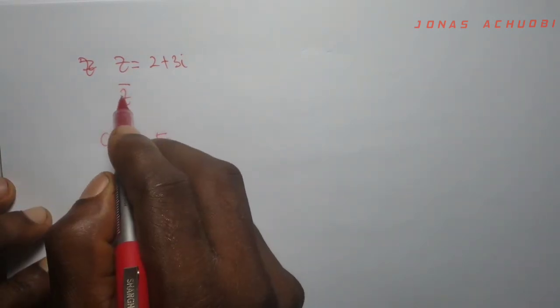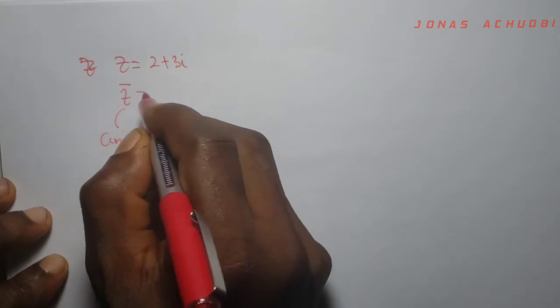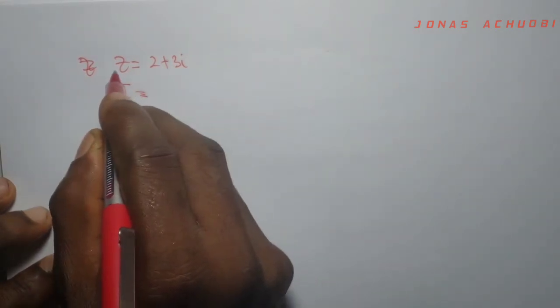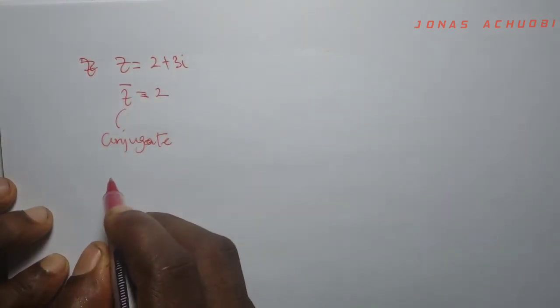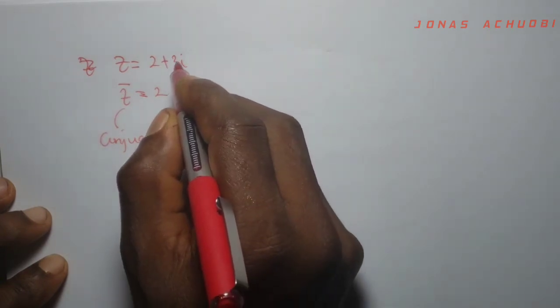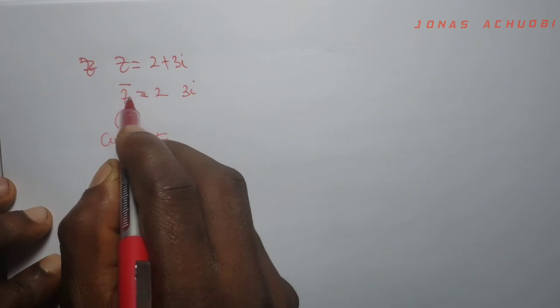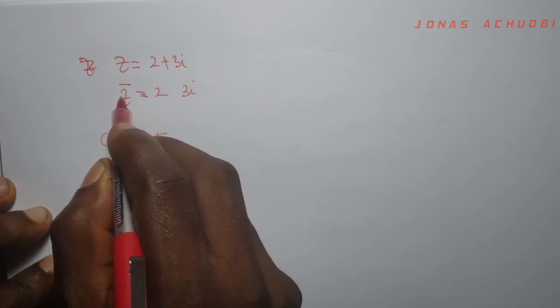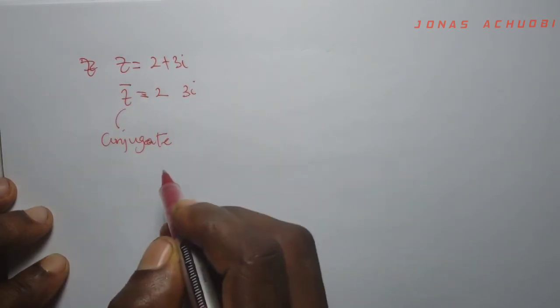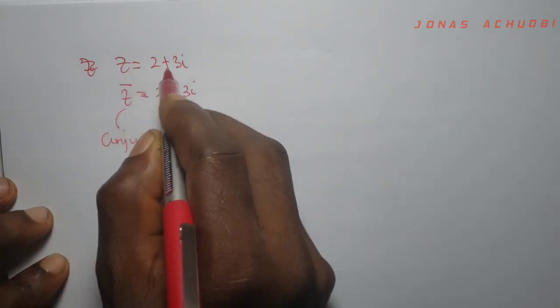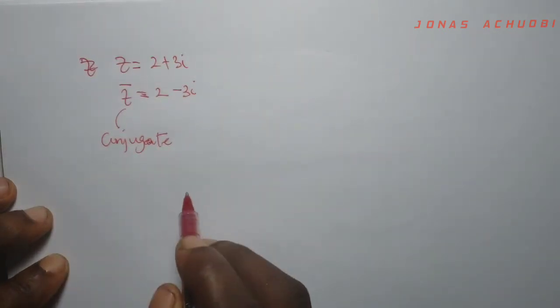Now the complex conjugate of the complex number z has the same real part as z, which is what? 2. It has the same imaginary part as z, which is what? 3. However, on the complex conjugate, the sign of the imaginary part is the opposite one. So z had plus, so z bar will have minus.